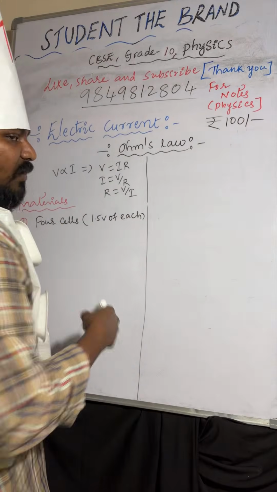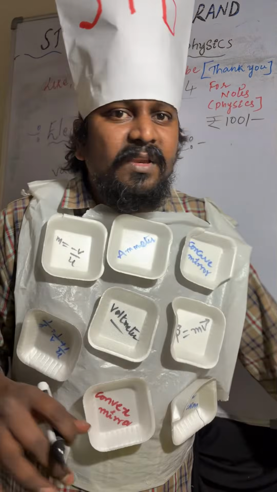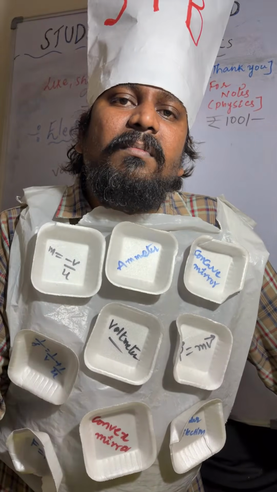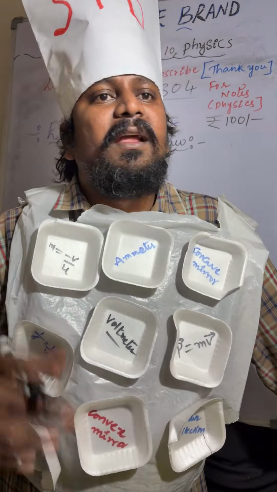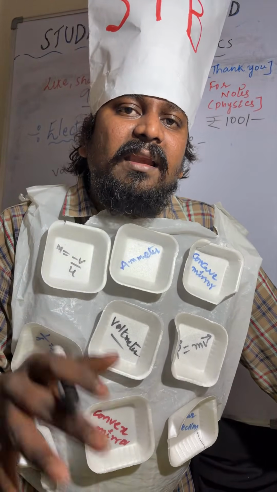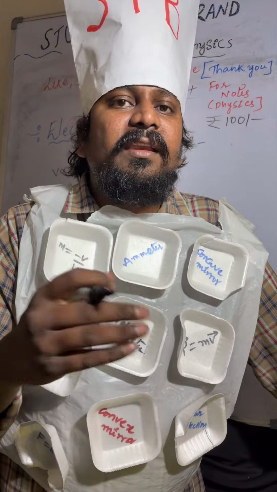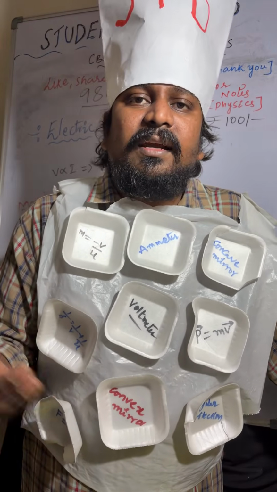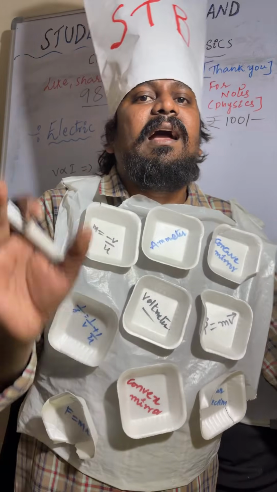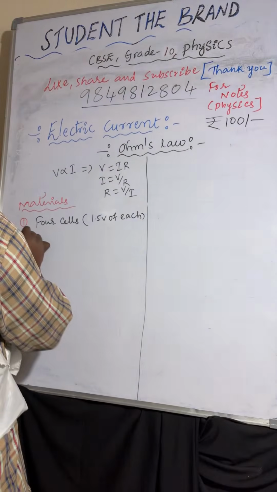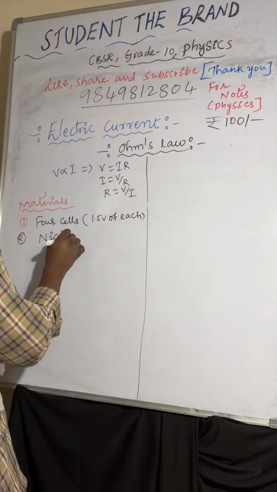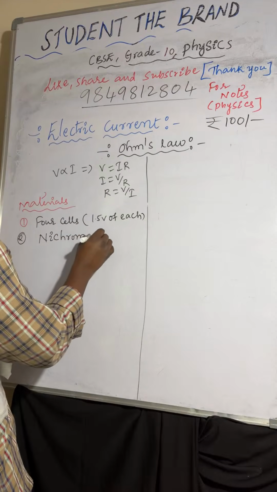Second one, nichrome wire. Nichrome wire is an alloy of nickel, chromium, manganese and iron metals.